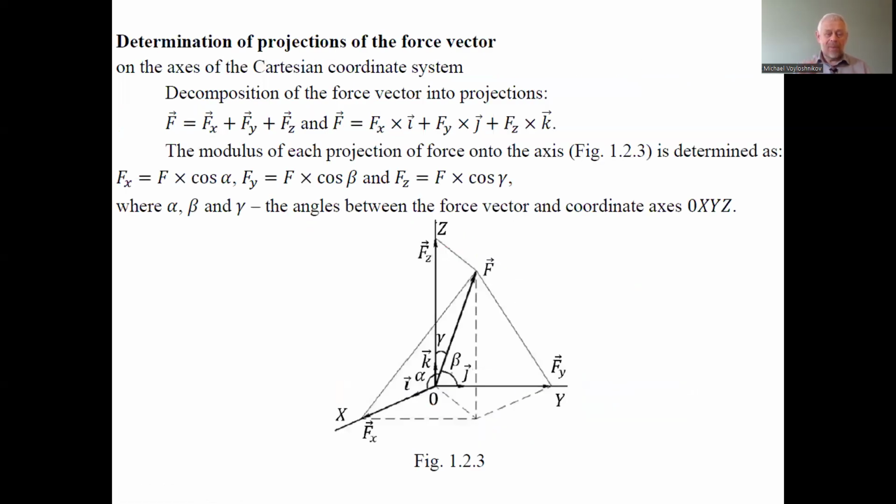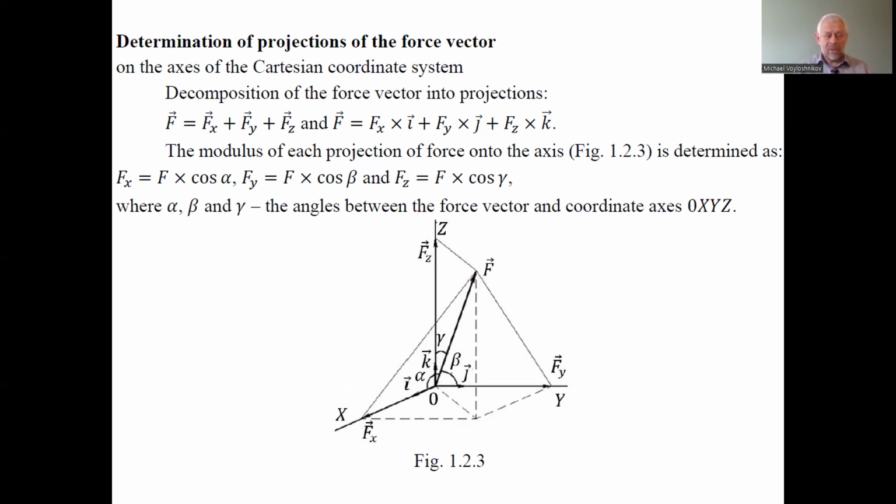It's also important to determine the projections of the force vector on the axes of a Cartesian coordinate system. This is when the force is not on the plane, but is a special determination of the force in space.